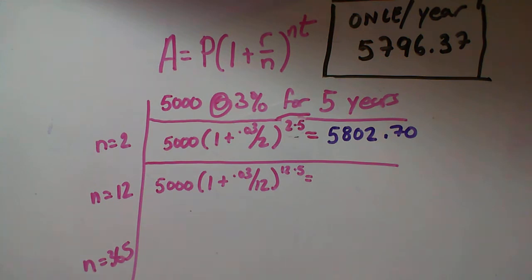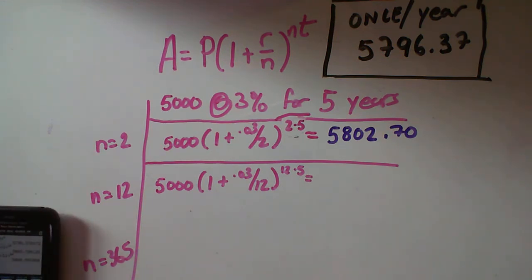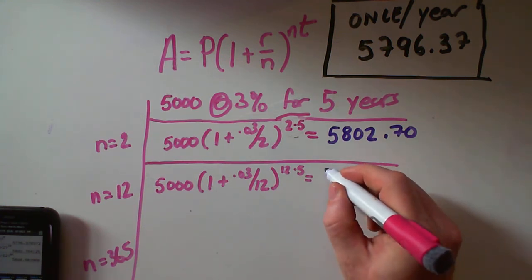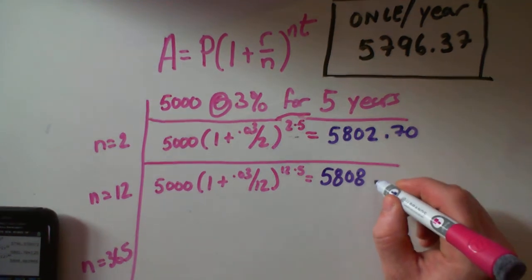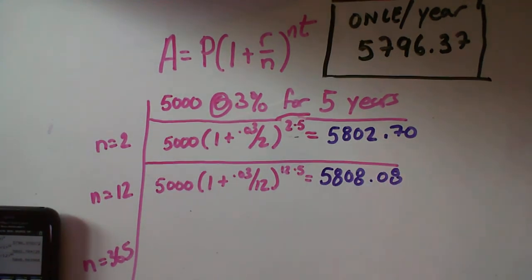That's a total of 60 compounds. And so we get $5,808.08. So again, by compounding a total of 12 times, we ended up getting another $6 on our investment.